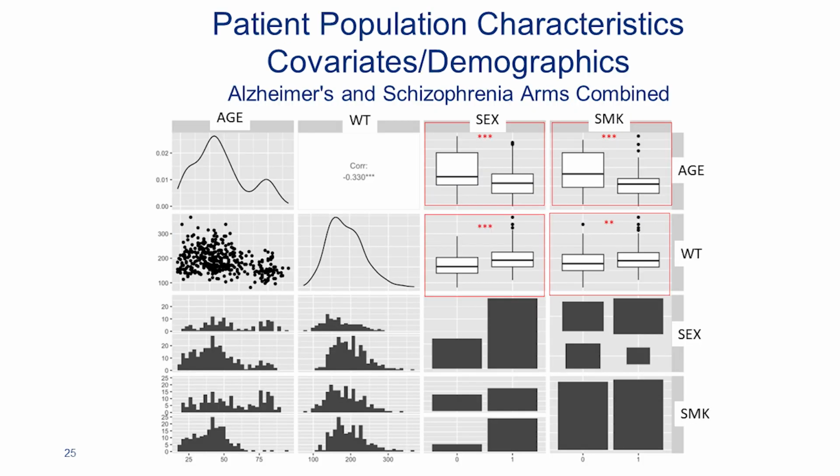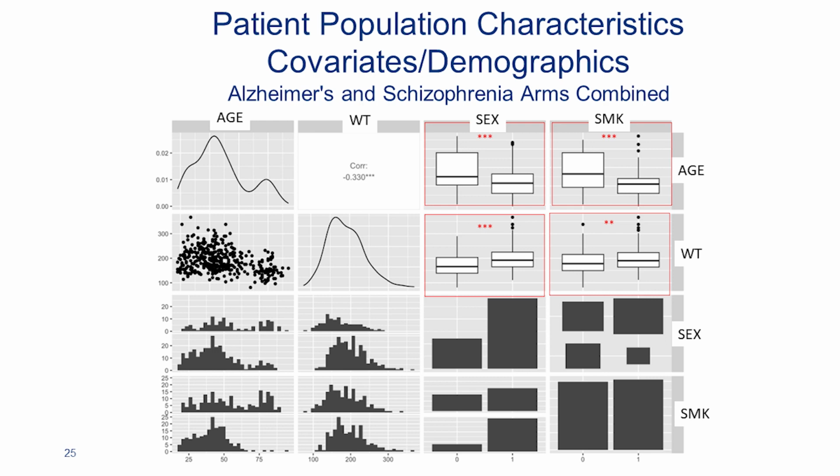This next slide, which was created using R and a package called GGally, shows a matrix plot for patient demographics. This is for both the Alzheimer's and schizophrenia studies combined. What you see on the diagonal of this matrix are the distributions, for example, for age.